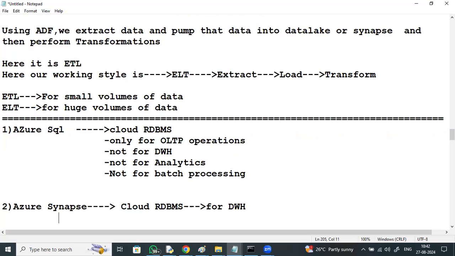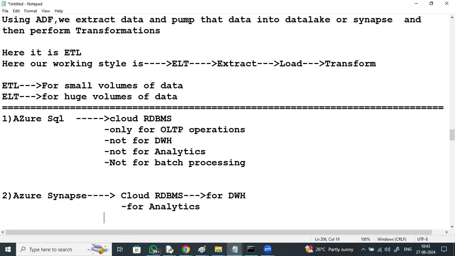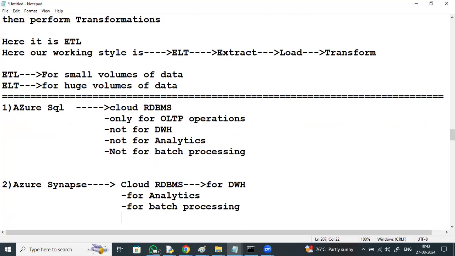So here we perform Synapse analytics, for analytics. And for huge data, as a data warehouse, it is for batch processing, and that huge data you can also process in parallel.